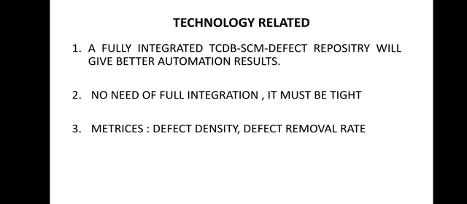A fully integrated system having a TCDB, SCM and defect repository will give a better automation result, because when you apply automation, manual efforts are less, and your automation tools are going to extract whatever is desired from TCDB, SCM and defect repository.